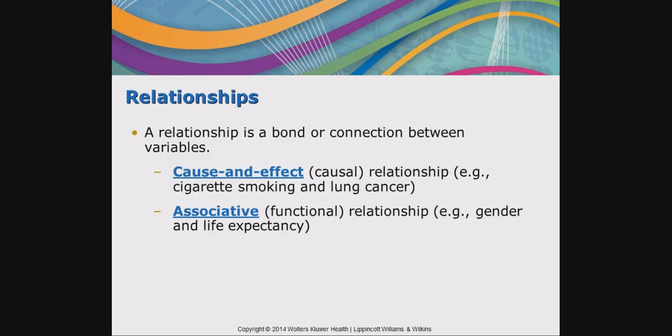Then there's an associative or a functional relationship that also emerges, like gender and life expectancy. We know that women in general live longer than men until the age of menopause, and then it kind of equals out. One may not necessarily cause the other one. Being a man doesn't mean you're going to die young, or being a woman doesn't mean you're going to live to be an old age.